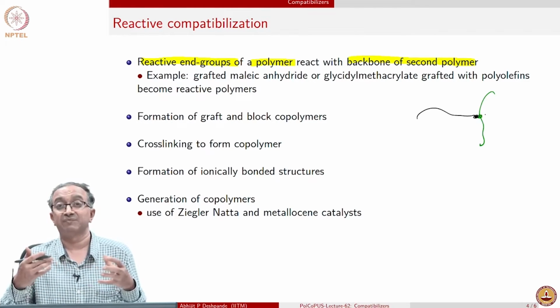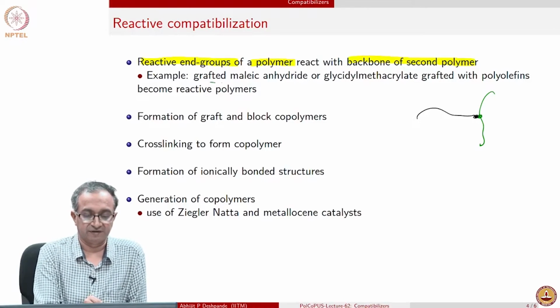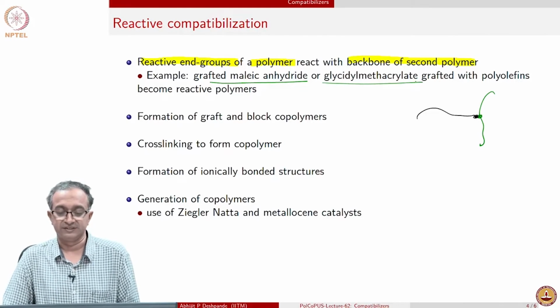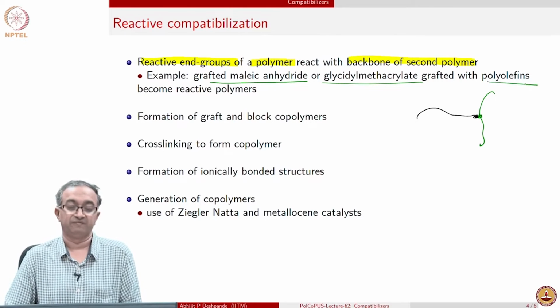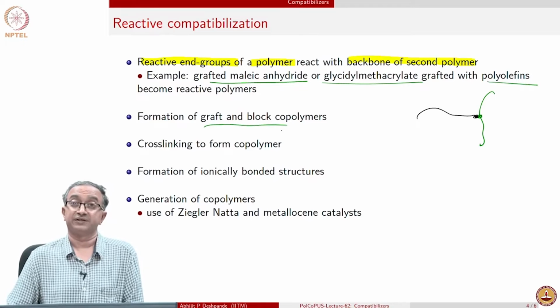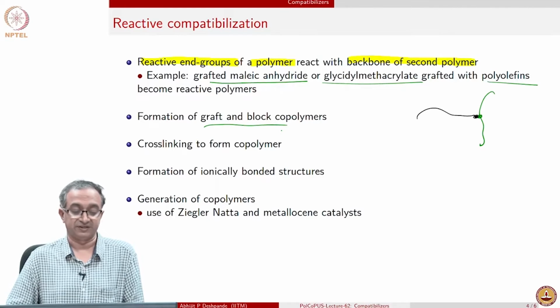And so, this way we establish connections between different macromolecular systems. Grafted maleic anhydride, or GMA as it is called, and glycidyl methacrylate are quite common examples for polyolefinic systems. Again, graft and block copolymers, if they can be formed by reactions, then they will act very well as a set of compatibilizers which are reactive.